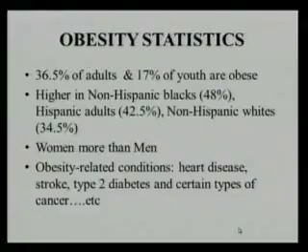What are the statistics we have? Obesity is an epidemic. It's growing so fast. One third of adults in the US are obese, 36.5%. 17% of children or youth are obese. 48% of the Black population are obese. Second to this is Hispanic, 42.5%. And third is non-Hispanic whites, 34.5%.